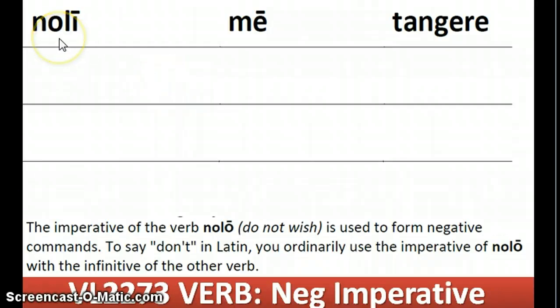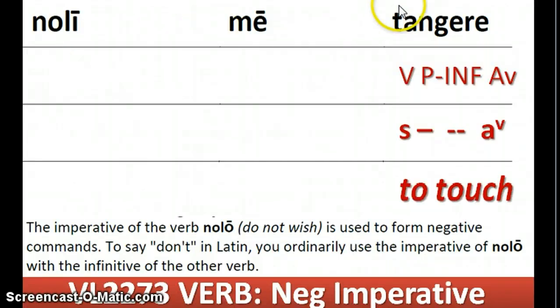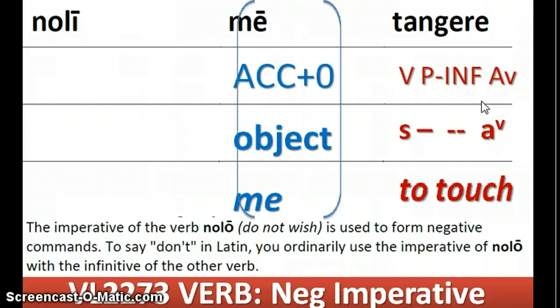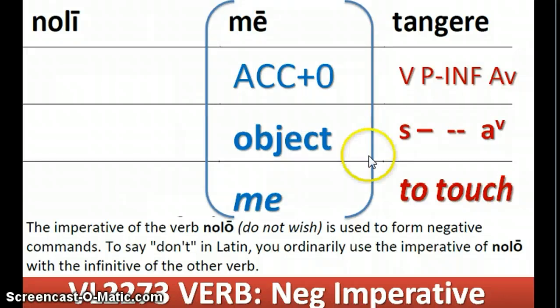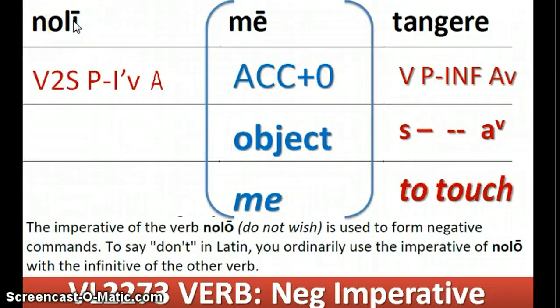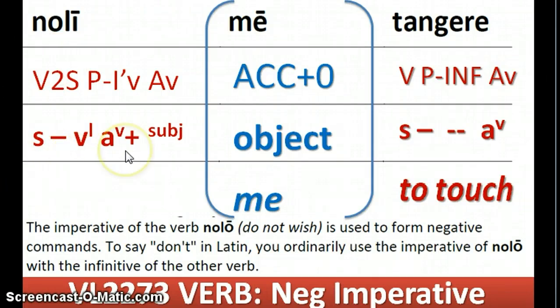Let's look at your verb noli. Remember we said put a pin in noli? Well, there it is. It's a second singular, and that's going to be a simple volitive active.